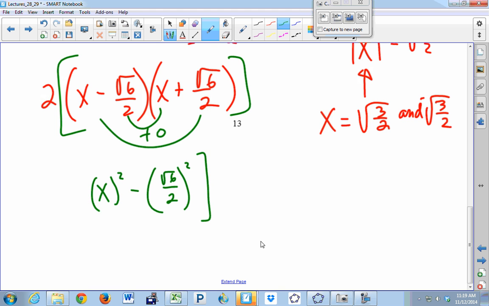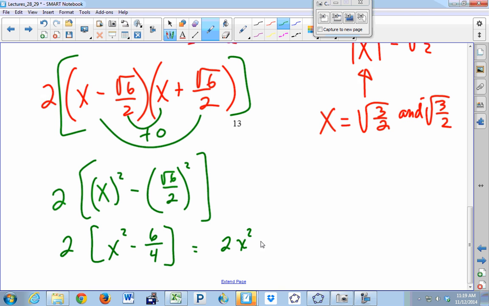That's what we get. And we're going to double all that once we simplify it. So we get x squared minus 6 over 4. And that gives us 2x squared minus 12 over 4, which is 2x squared minus 3. So we're right back to where we started. So Patrick, thank you for suggesting that strategy to solve that.